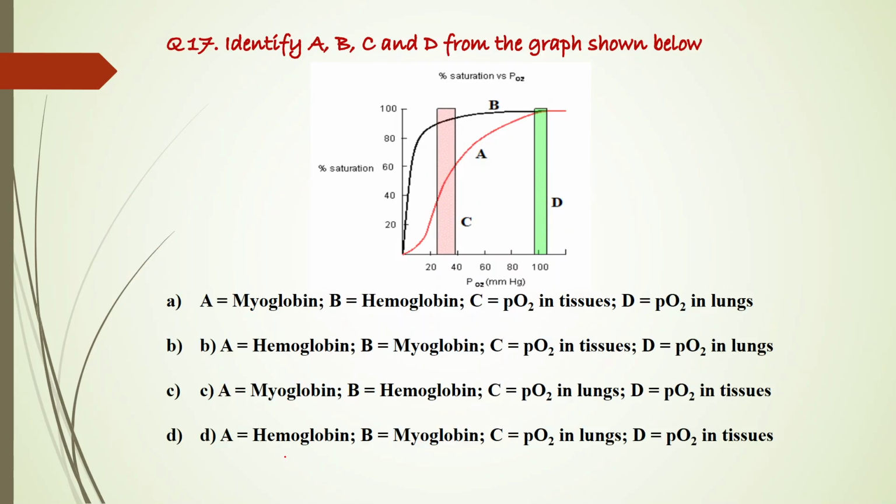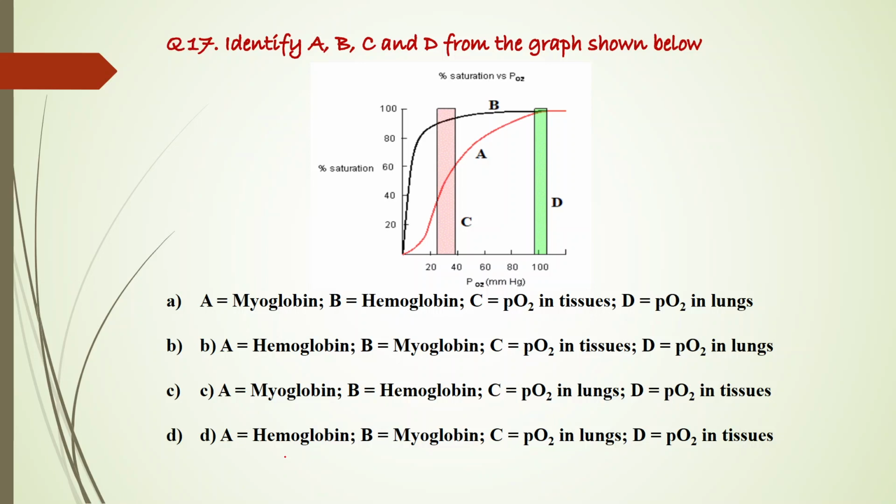Okay. Moving to the next one, it says identify A, B, C and D from the graph shown below. This is the graph of percentage of saturation versus partial pressure of oxygen. You have to choose what A, B, C, D are.